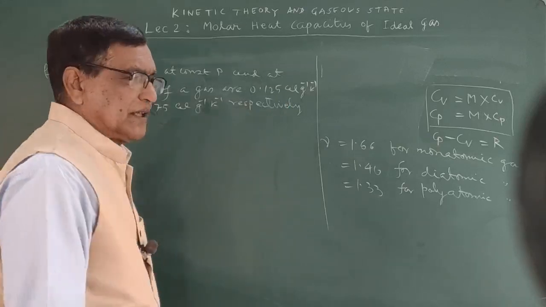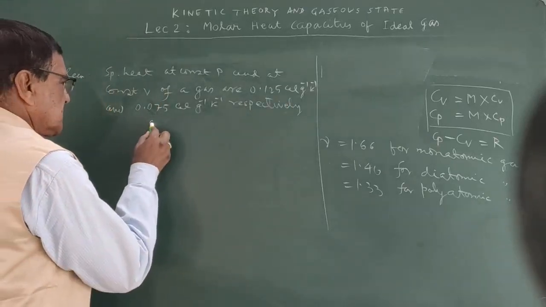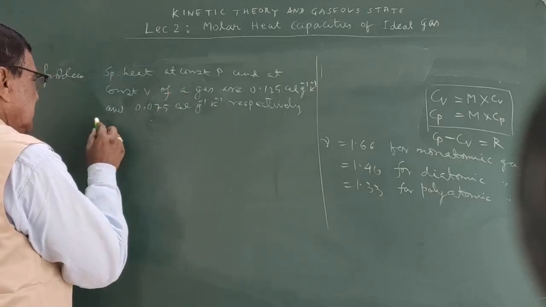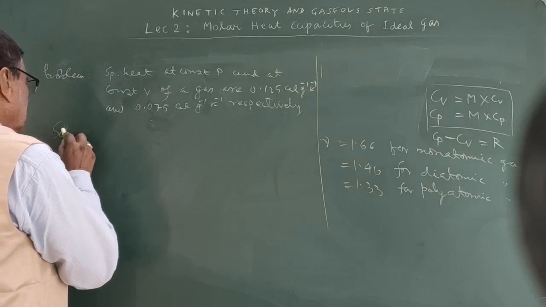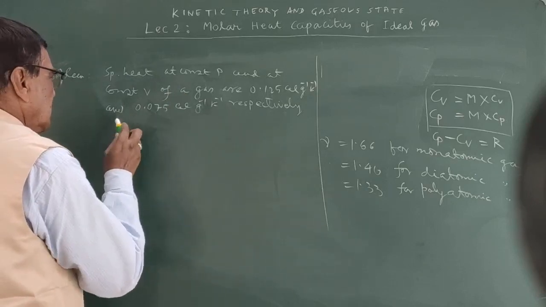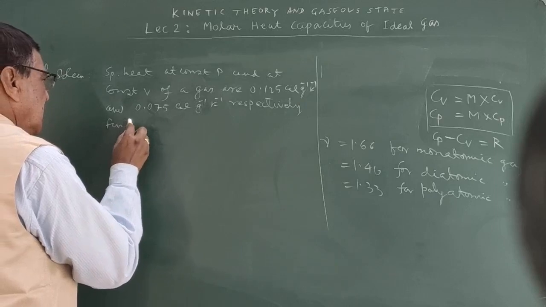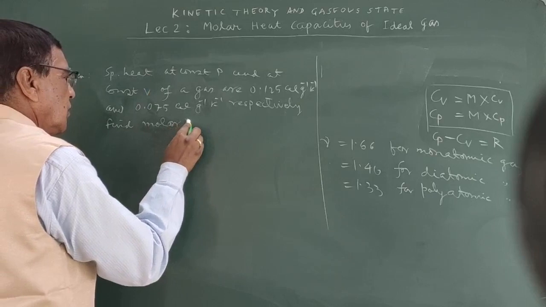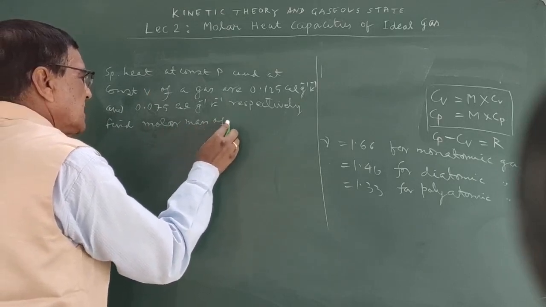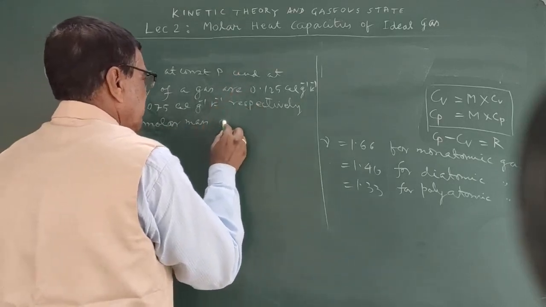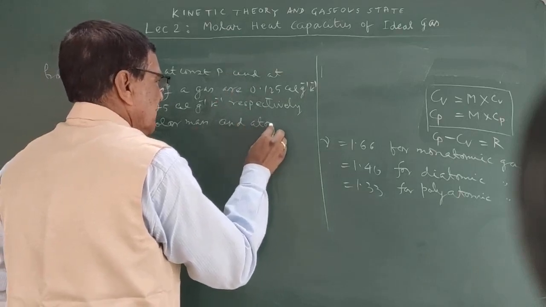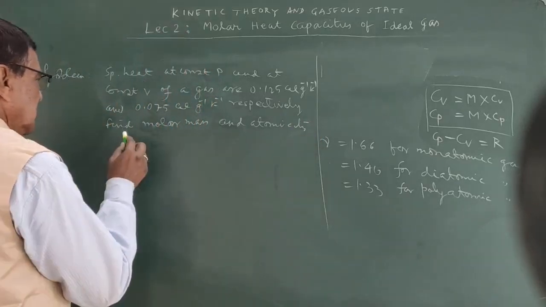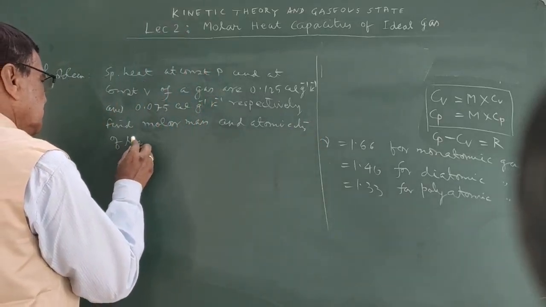Only these two data are given, meaning small cp and small cv. Solution: find the molar mass and atomicity of the gas.